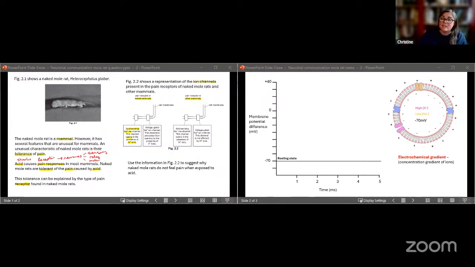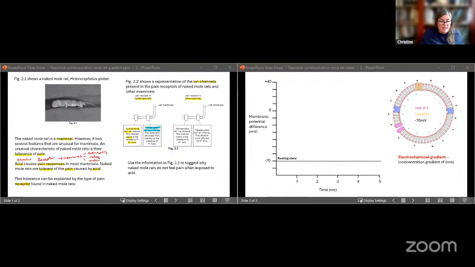So let's go back to the question and have a look at what it's telling us. They've told us that we have some voltage-gated sodium channels. These voltage-gated sodium channels are not going to open unless we have reached the correct voltage.